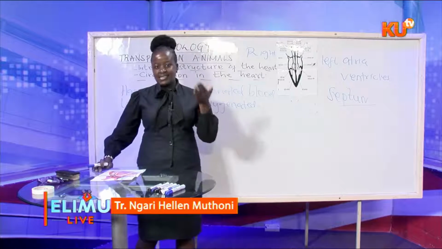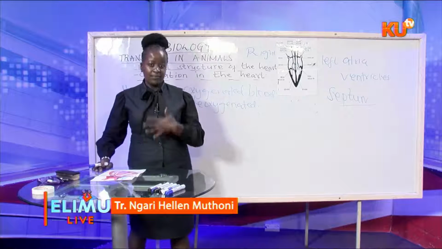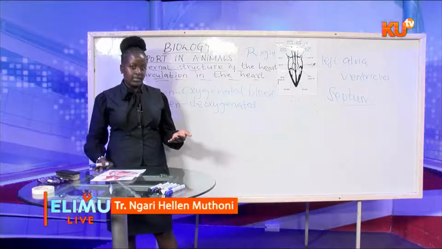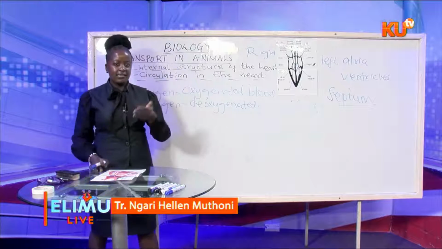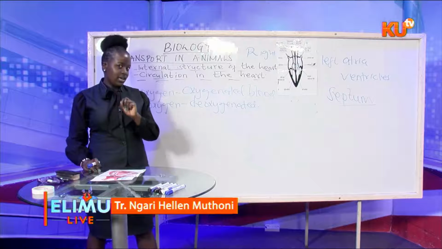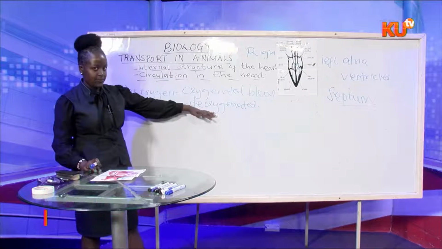The main gases that are transported in the mammalian system are two: oxygen and carbon dioxide. So when blood has oxygen, it's oxygenated. When it lacks oxygen and has carbon dioxide, it is deoxygenated.